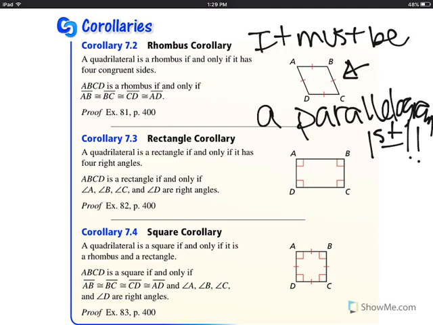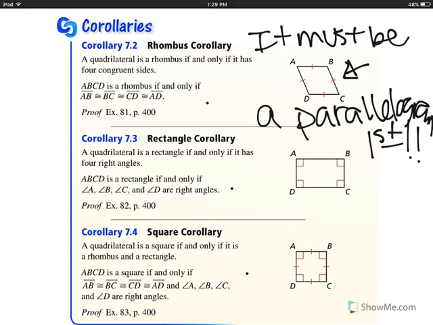Okay, so in order for any of these to be true, you have to have a parallelogram first. So a rhombus is going to have the same characteristics as a parallelogram, plus on top of it, all four sides are congruent.